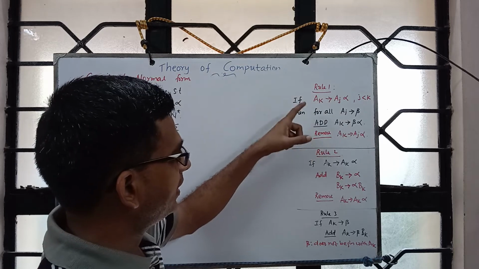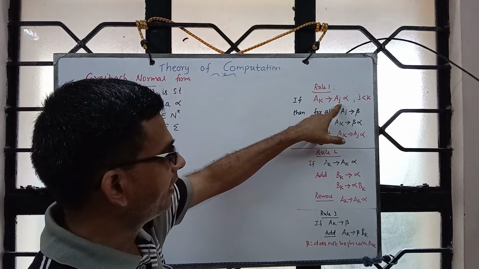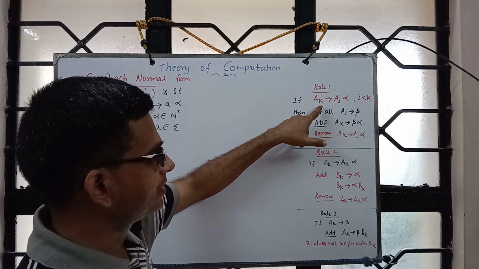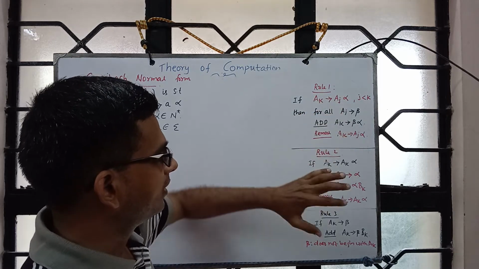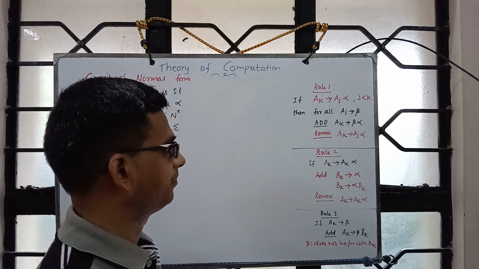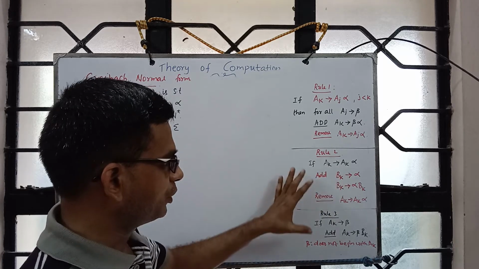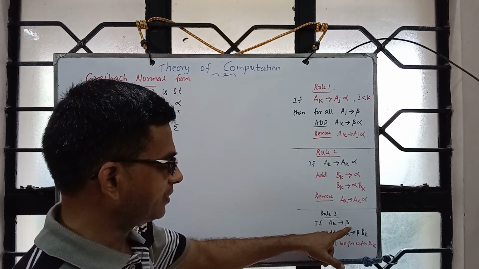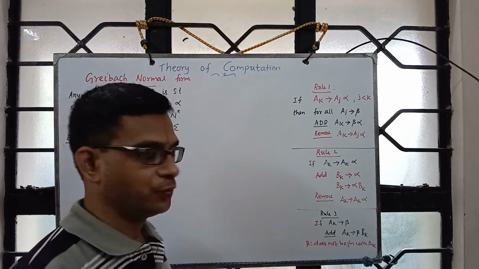How long will you do it? You will continue to do it until you find a variable whose index is at least this. Once it is more, you stop. Then you start seeing whether rule 2 and rule 3 must be applied or not. When it is equal, AK implies AK alpha, then one should bring rule 2. And when you have AK implies beta, where beta does not begin with AK, then you apply rule 3.